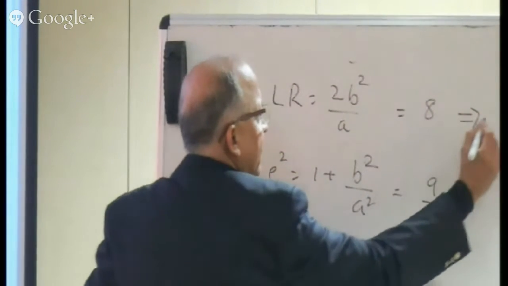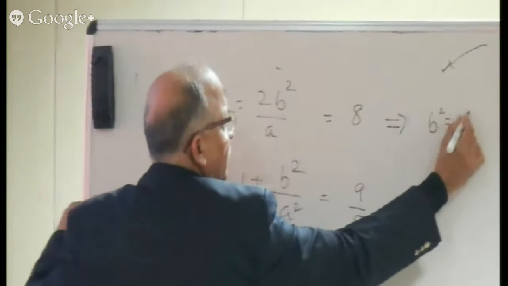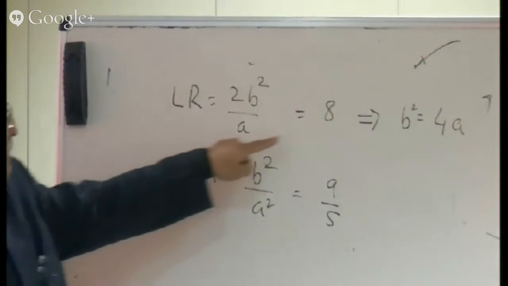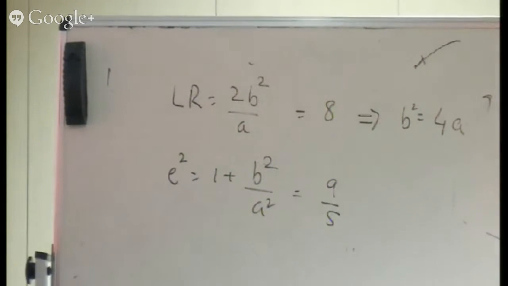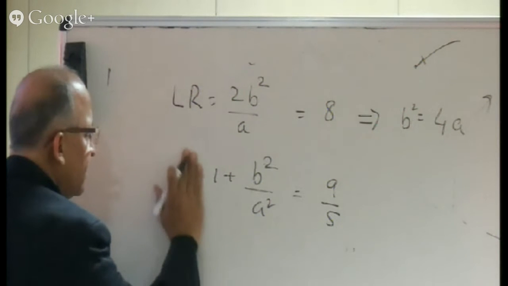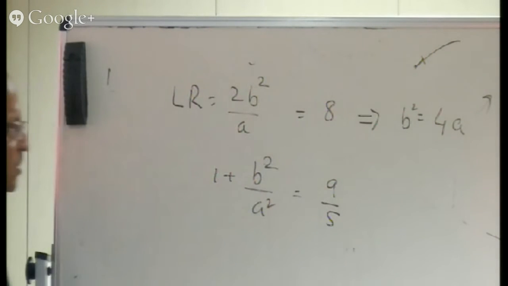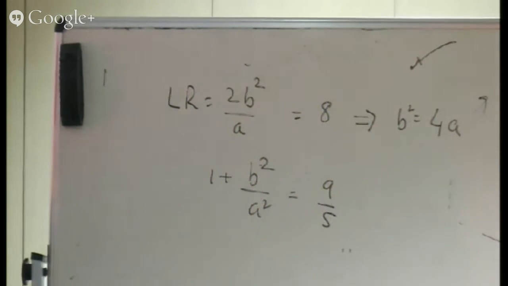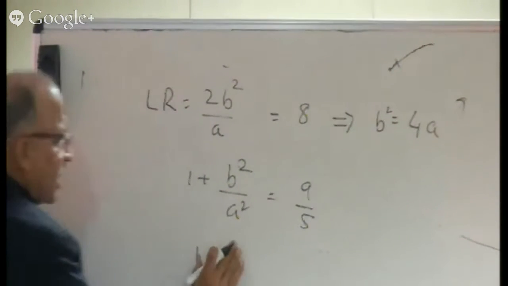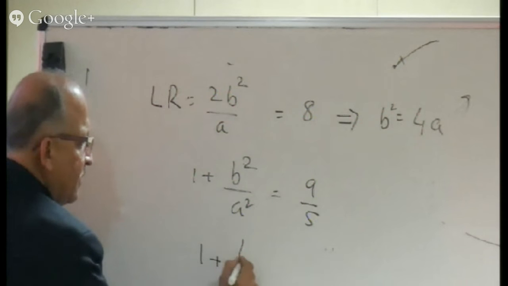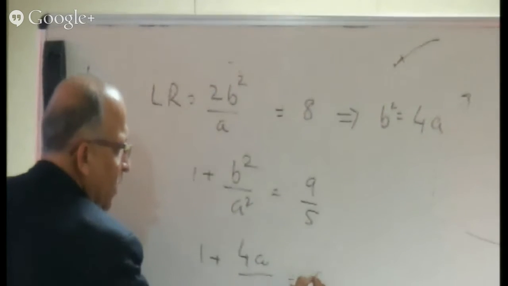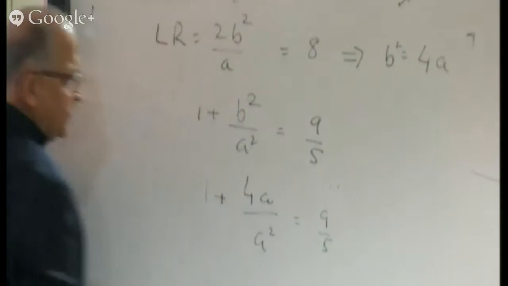The first result gives b square is equal to 4a. I shift a to that side, divide by 2, and b square becomes 4a. And eccentricity was given; I have already squared it up. So this is the second equation I am getting. Let me substitute the value of b square. 4a divided by a square is equal to 9 by 5 minus 1.